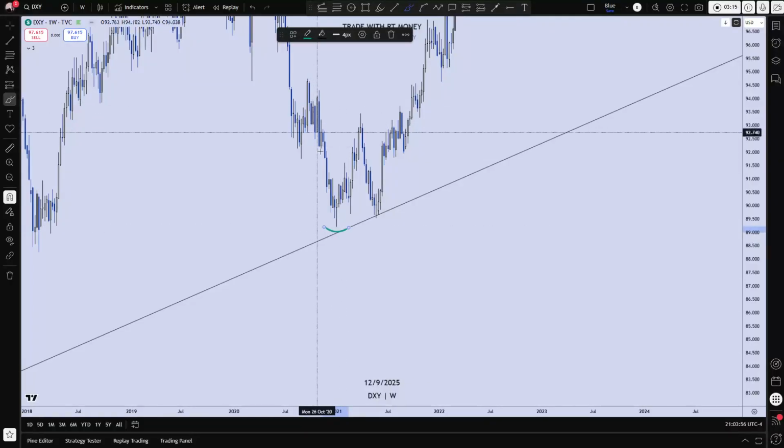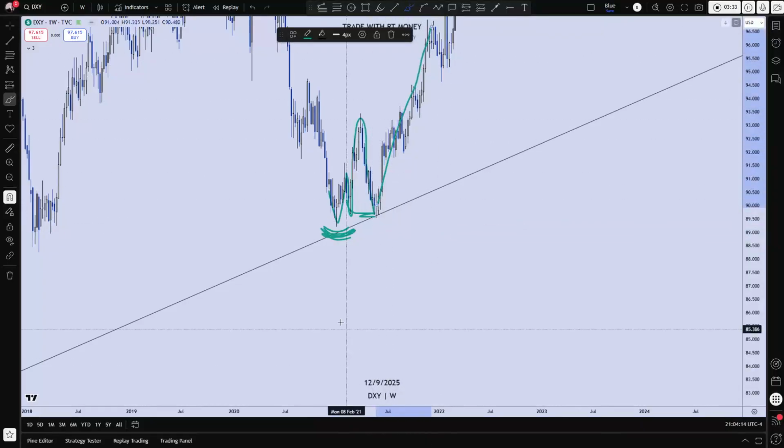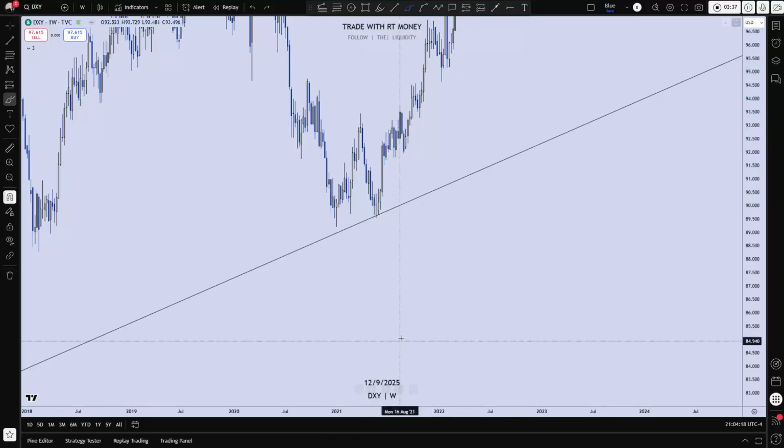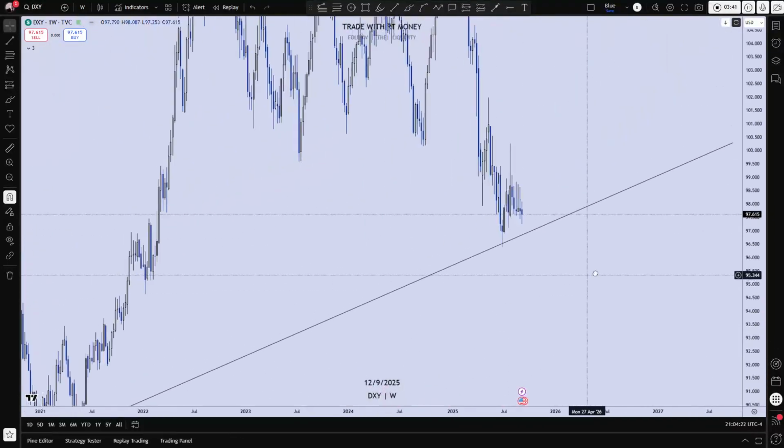Price comes into that swing low, pushes higher, creates this liquidity low here, pushes higher from that, and then comes and sweeps that liquidity low, all the while never taking out the swing low. And from there, price pushes higher after sweeping that liquidity low. It repeated.